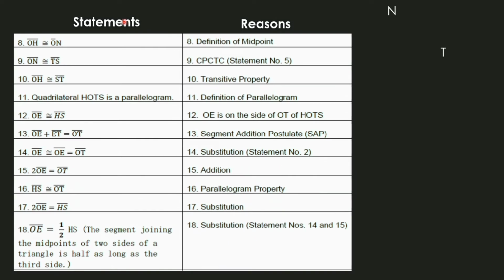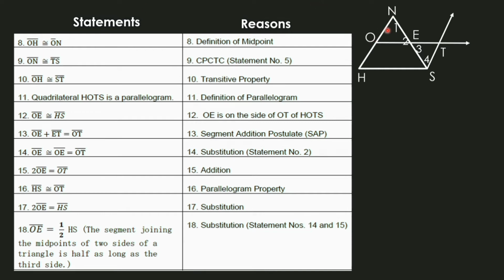Next, number 8. OH is congruent to ON. So, the reason is definition of midpoint, since O is the midpoint of HN according to the given. Next, side ON is congruent to side TS.